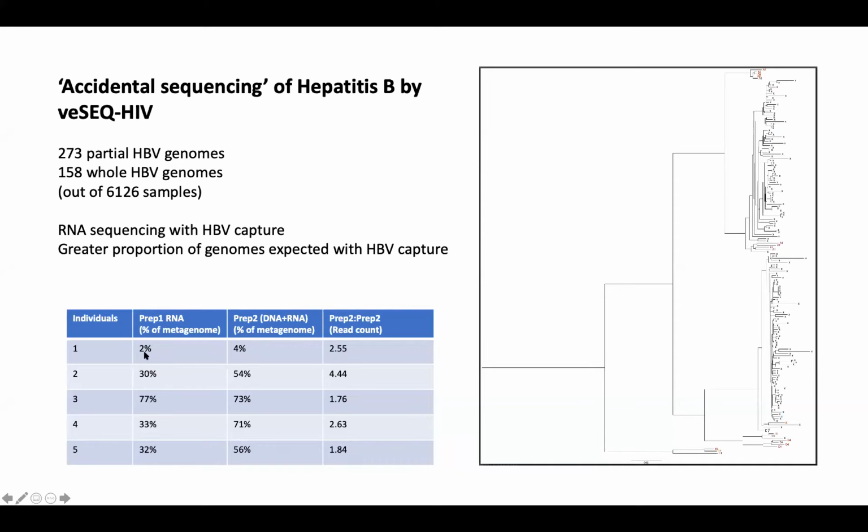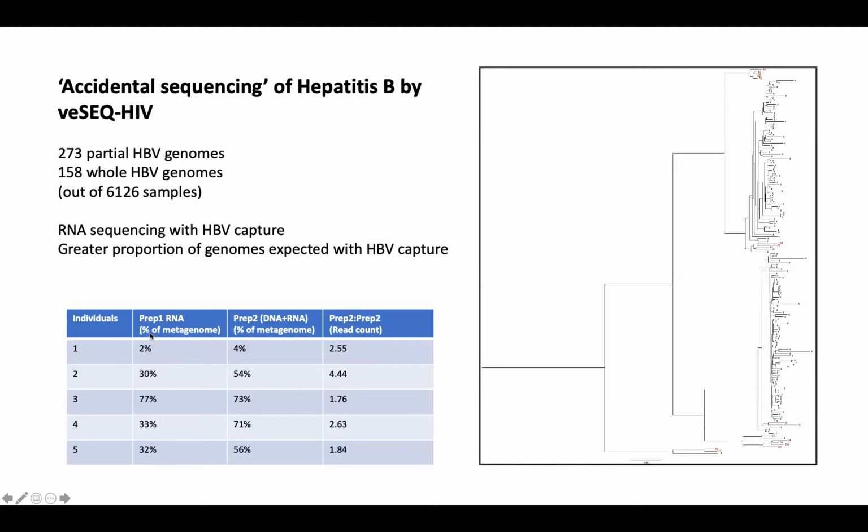And you can see that in those samples, you generally get proportionally more material when you combine the DNA, but surprisingly not only twice as much more. So it may well be that RNA sequencing is one way of getting hepatitis B genomes.